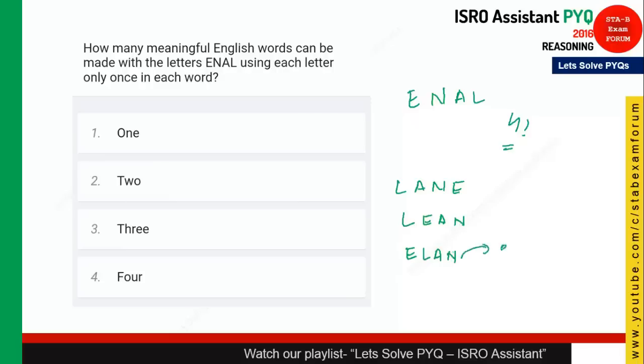Generally we only represent the first two words, but Allen is also a possibility, and it is a meaningful word. So there are 3 words that we can form from the letters E, N, A, L. So option 3 is the right answer. This is not option 2, this is option 3.